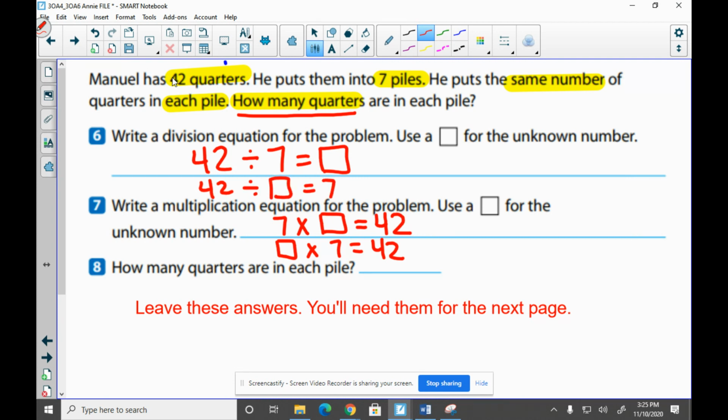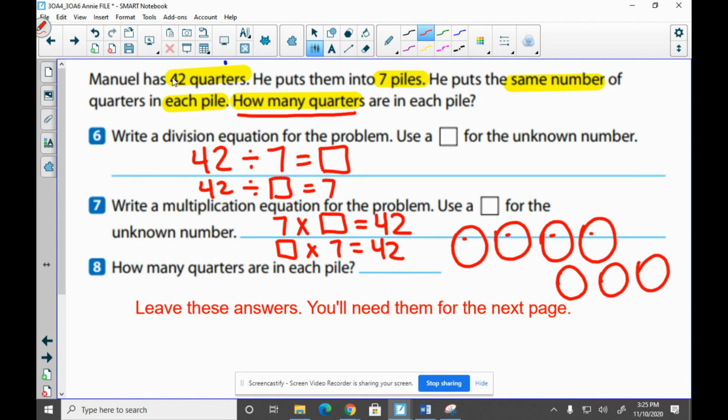So how many quarters are in each pile? If we count it out, a lot of students in class today were drawing the 7 groups and counting out the 42. 1, 2, 3, up to 42.